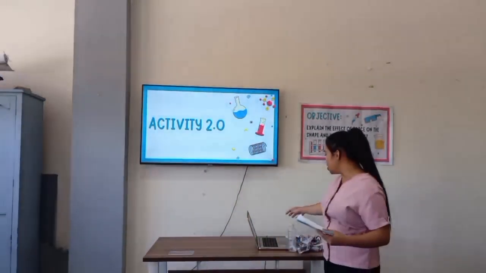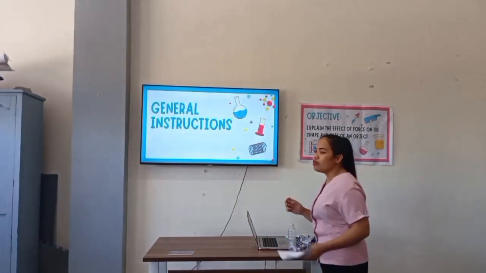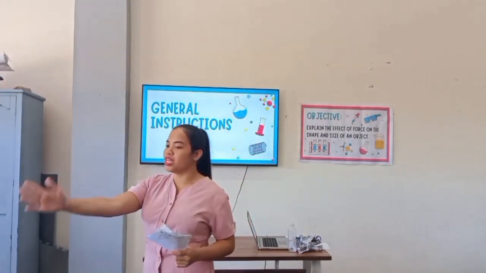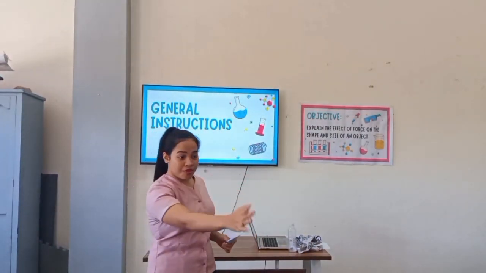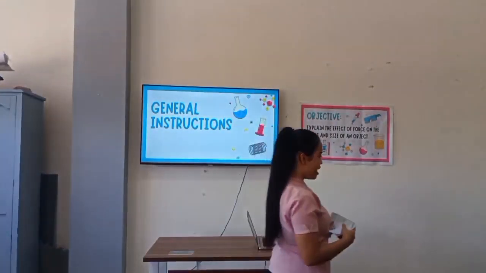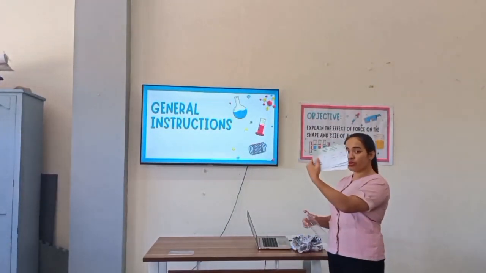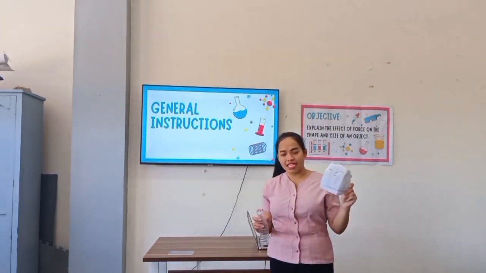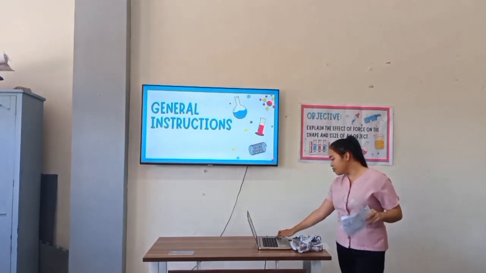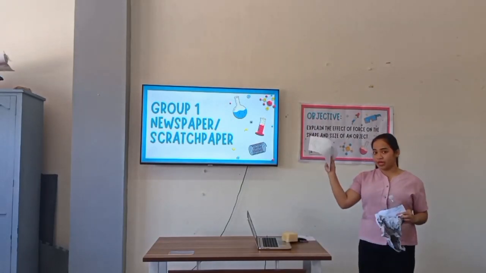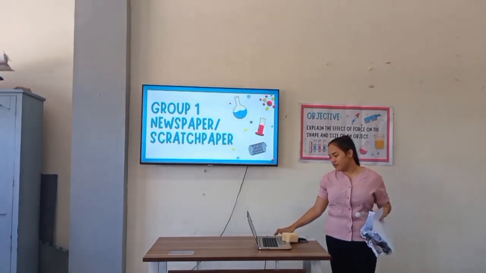Okay, now for the general instruction, I will be dividing the class into 4 groups. This will be group 1, group 2, group 3, and group 4. Now, I will be giving materials as well as papers with questions for you to answer. The first group will be given a newspaper or a scratch paper. The second group will be given clay.